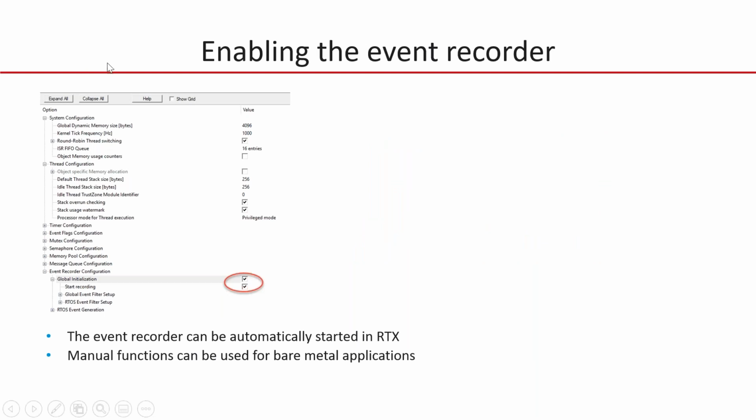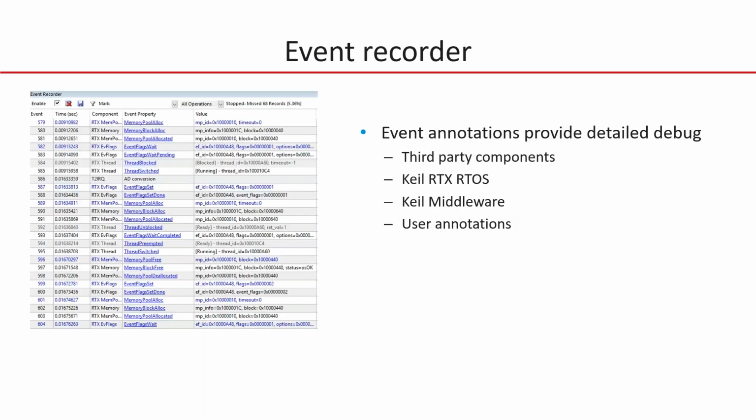This can be enabled if you're doing bare metal code. There are functions to enable it, or here in the operating system, we'll come on to this next week, we can see the event recorder, and then we can initialize it and start recording when we start the operating system. And the Keil middleware and the operating system are instrumented.